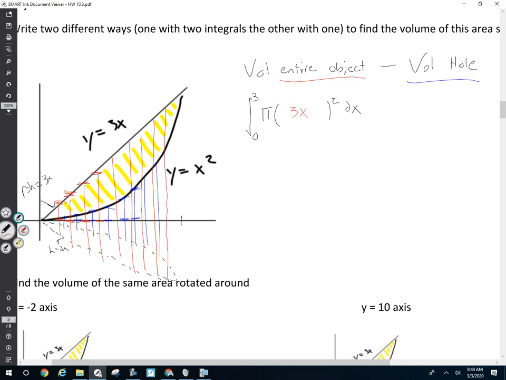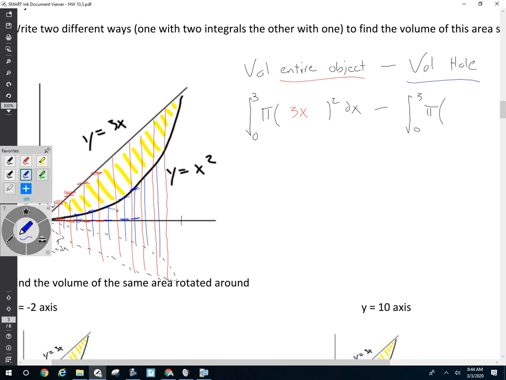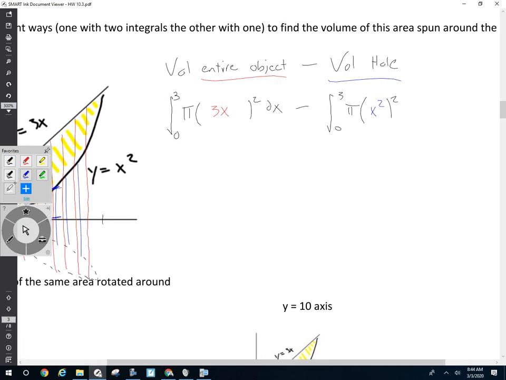But then I will subtract the volume of my hole. So this is going to be 0 to 3 again, but pi, the radius of my blue cylinders right here is going to be x squared. It's an x squared minus a 0. It's a top minus a bottom. I don't have to worry about subtracting any numbers because it's just top minus a bottom of 0. So I'm not putting a minus. And then this is dx.